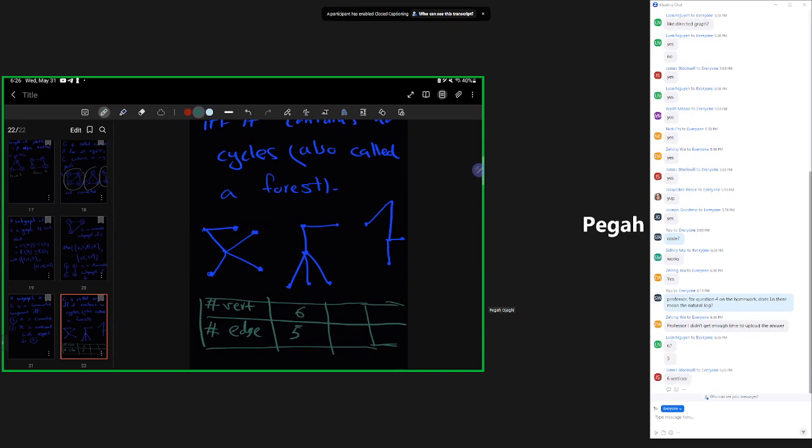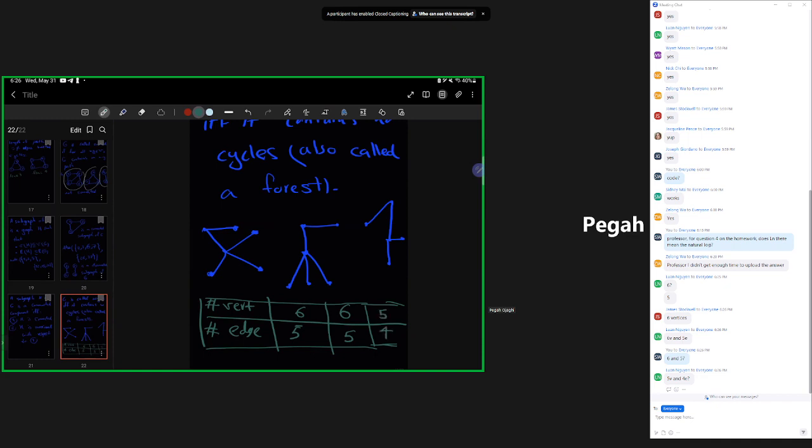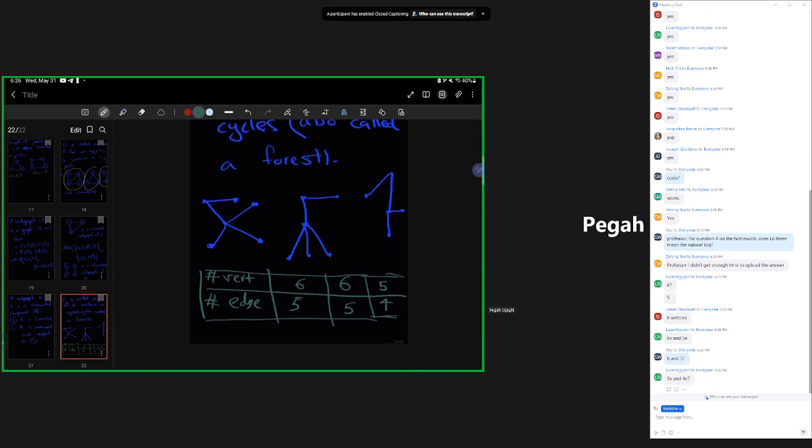How about now 6 again? How many edges do we have? Okay, exactly, 6 and 5. How about the last one? Exactly, we have 5 and 4. So this is gonna be the definition, and then we have different numbers of edges and vertices.